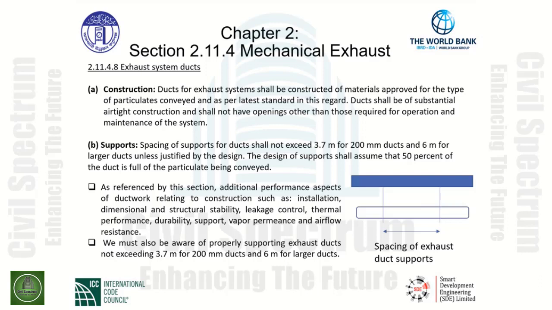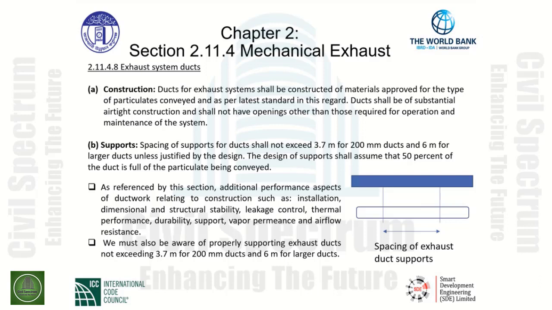Ducts shall be of substantial airtight construction and shall not have openings other than those required for operation and maintenance of the system. In other words, our duct construction must be tight and constructed along with designed for the particulates that must be conveyed through that duct.